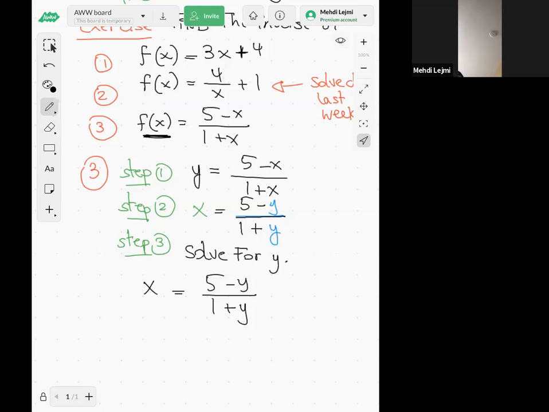So the idea here is that whenever we have an equation with fractions, we can always cross multiply. So let me just write down here the rule for you. If you have a over b equals c over d, so if you have 2 equal fractions, then you can actually cross multiply.